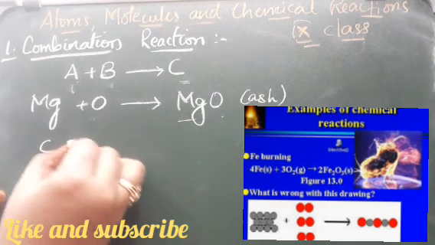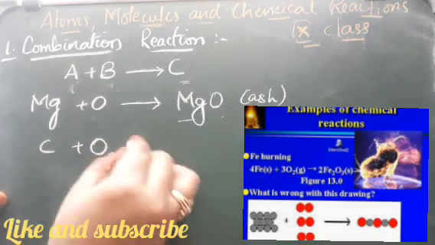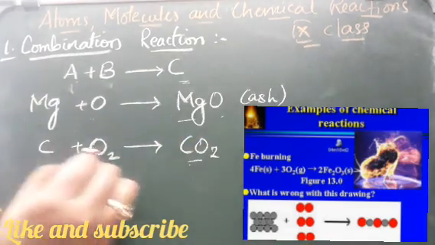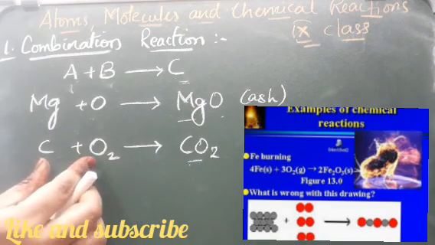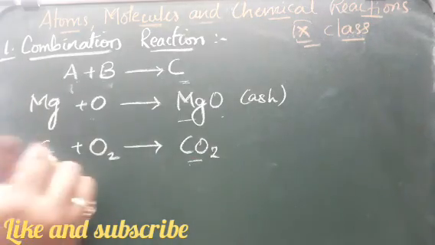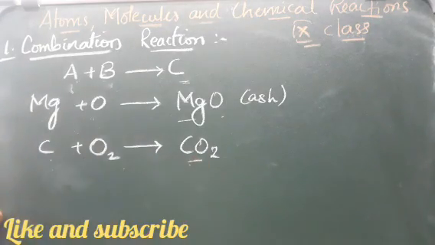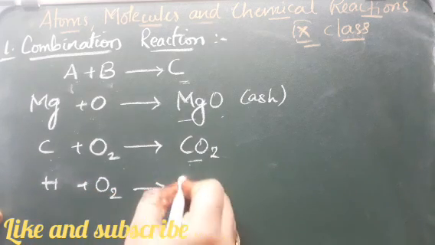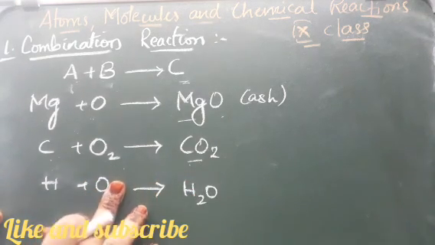Similarly, we can take a few more examples. Carbon will react with oxygen and this will give rise to carbon dioxide. Two reactants are getting combined and forming a new product. Similarly, we can take water also. Hydrogen plus oxygen will give you H2O.